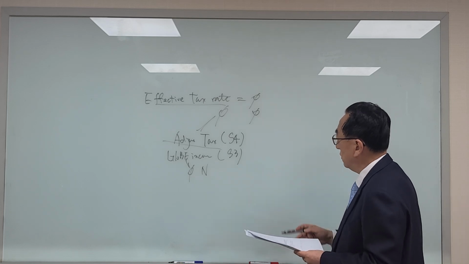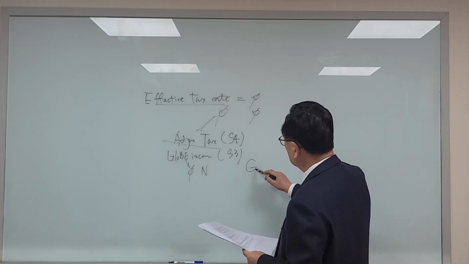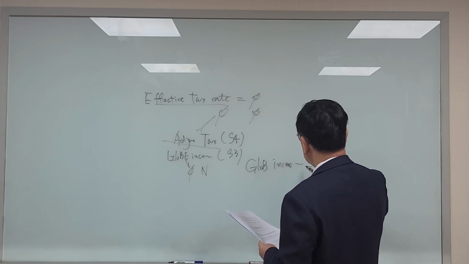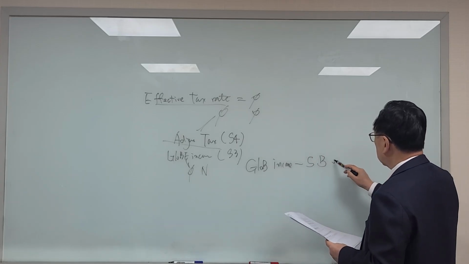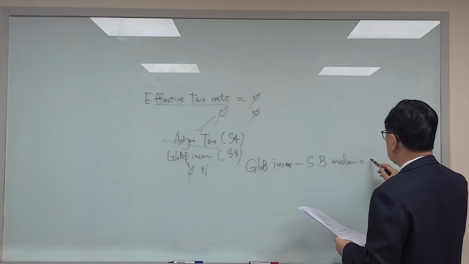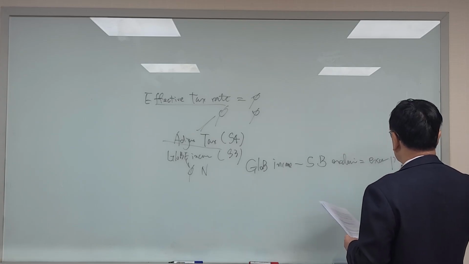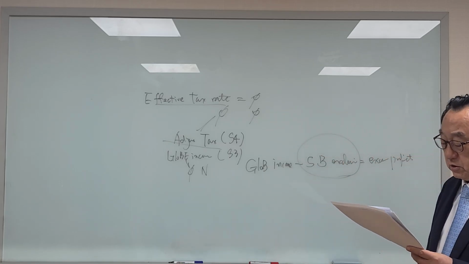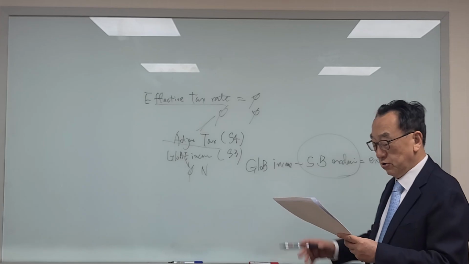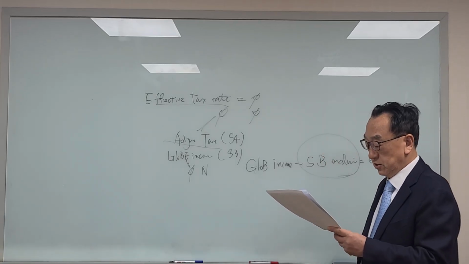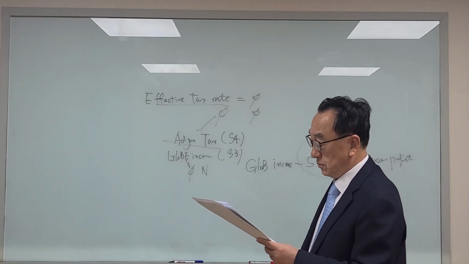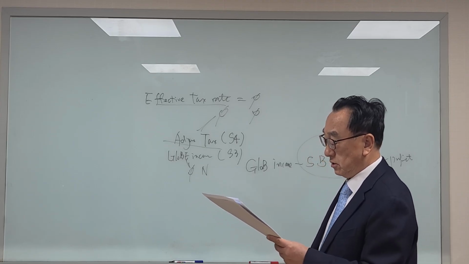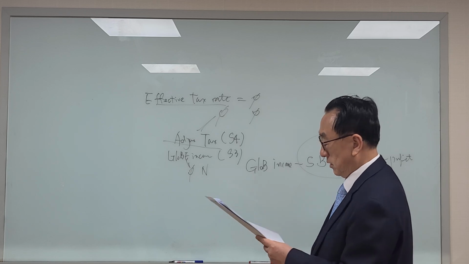And we mentioned that the global income minus substance-based exclusion equals excess profit. Okay, so this substance-based income exclusion, to calculate the excess profit, specifies the percentage of the eligible payroll cost and eligible tangible asset for each year that is deducted from the net global income.